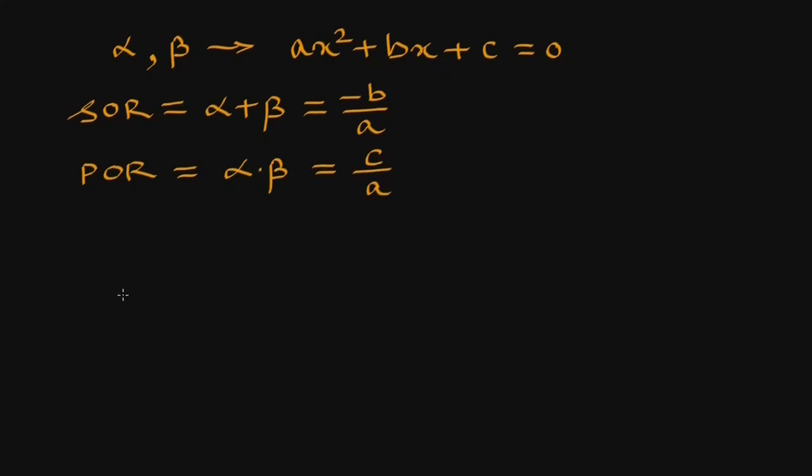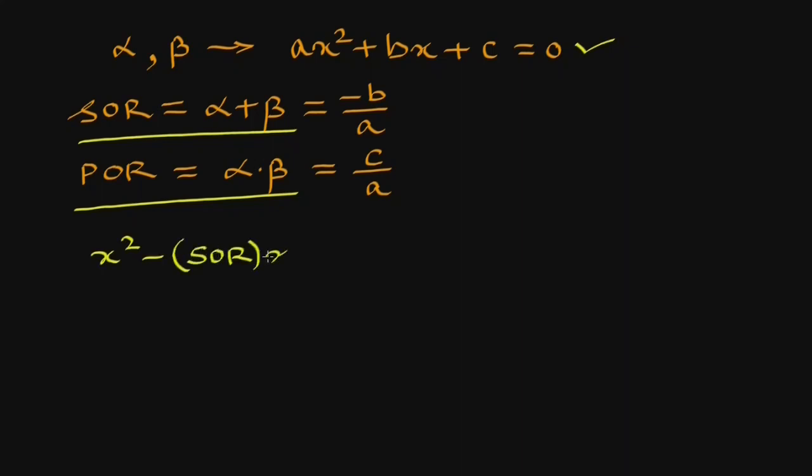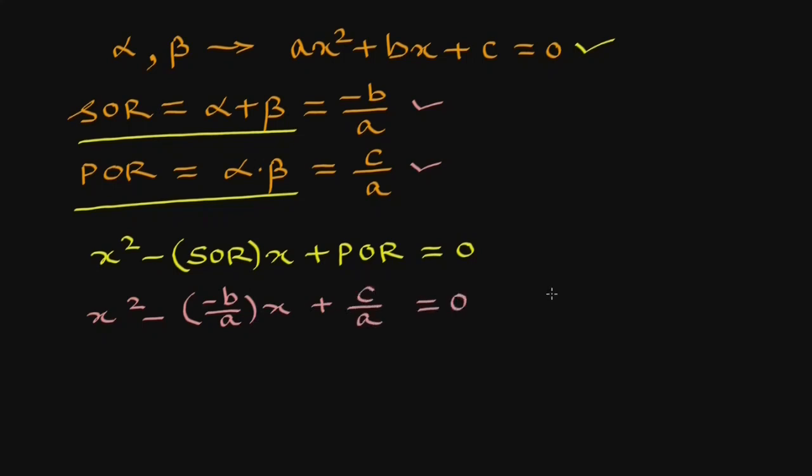And we also know that if we know the sum of roots and product of roots of a quadratic equation, then we can find that quadratic equation by a formula, which is x square minus sum of roots into x plus product of roots equals 0. After putting these values, we write x square minus b upon a into x plus c upon a equals 0. We will simplify this to get the quadratic equation.